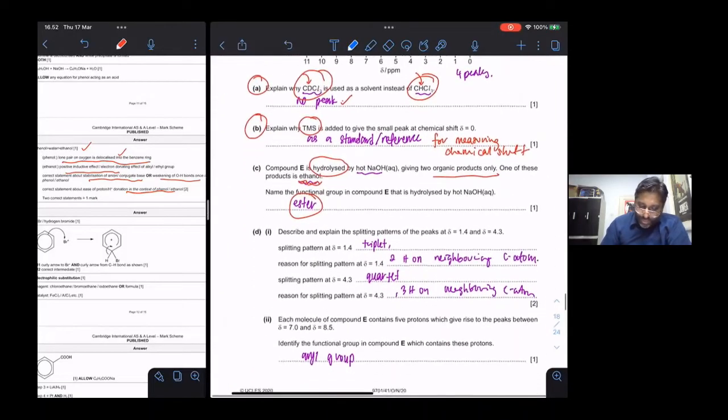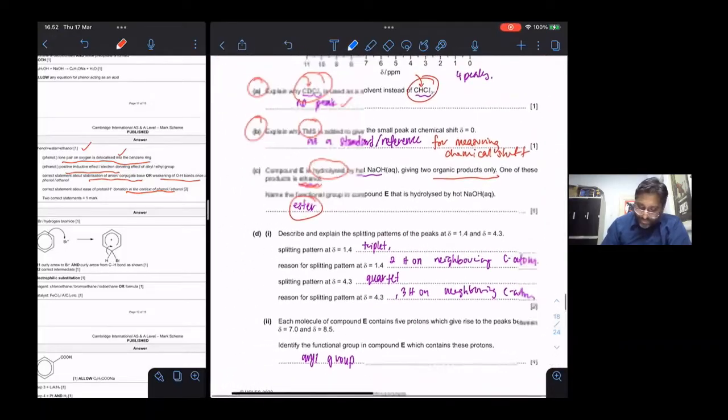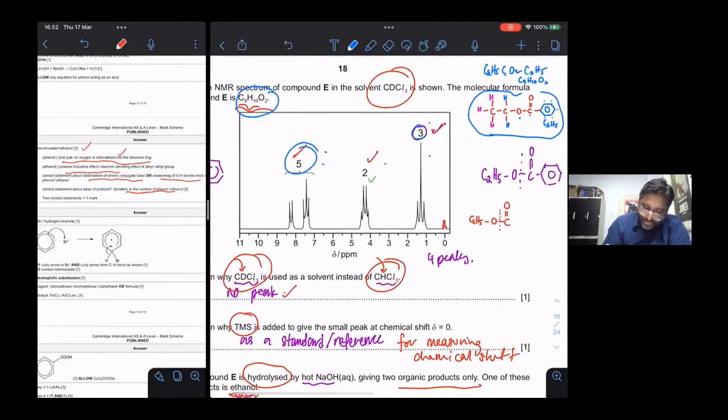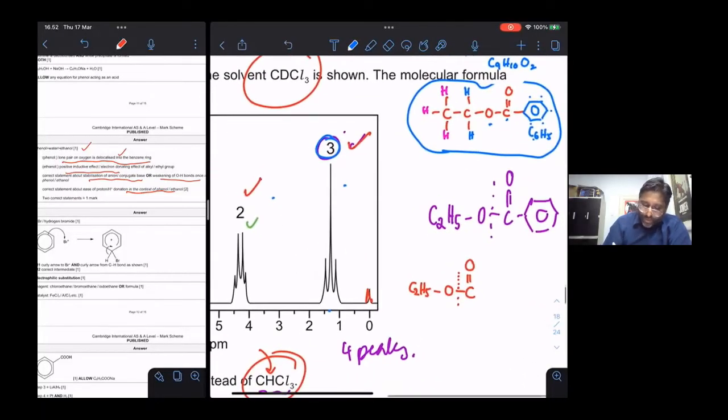So describe the splitting pattern. They say 1.4. Let's see 1.4. They have 3. Most likely if you have 3 splitting pattern, it means it's triplet. So it means the neighboring carbon has 2 hydrogen, because we talk about N+1.